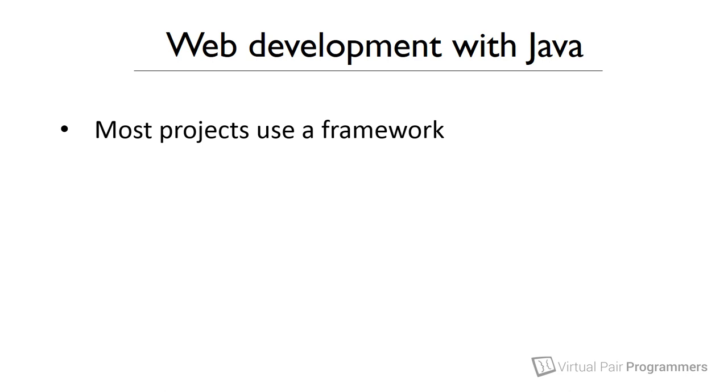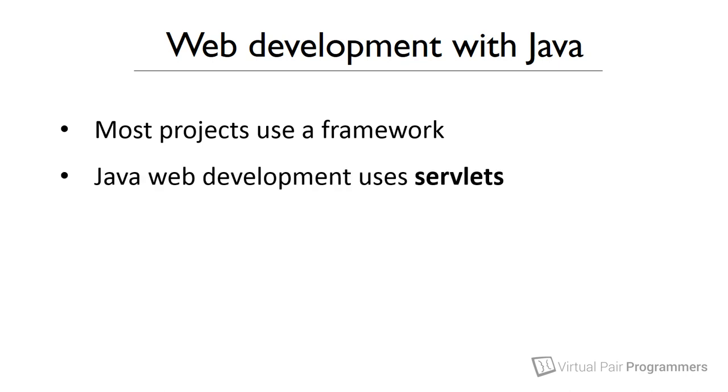Web development has been possible in Java since the very early days of Java back in 1997. It all started with a technology called the servlet. Although the servlet API has been updated and improved over the years, all the frameworks use and extend this piece of technology.